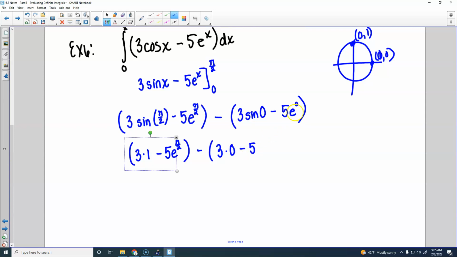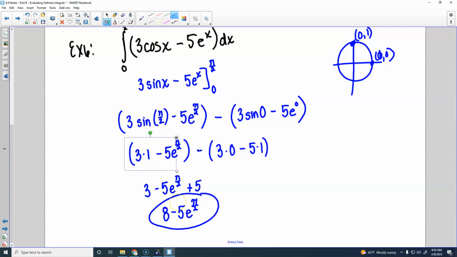What is e to the 0? 1. So we end up with 3 minus 5e to the pi over 2 minus -5, which is going to become a plus 5. So we would want to put those together and get 8 minus 5e to the pi over 2.